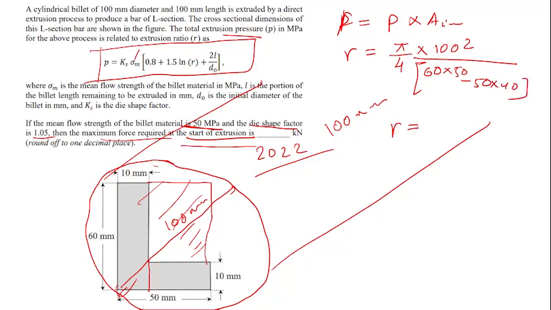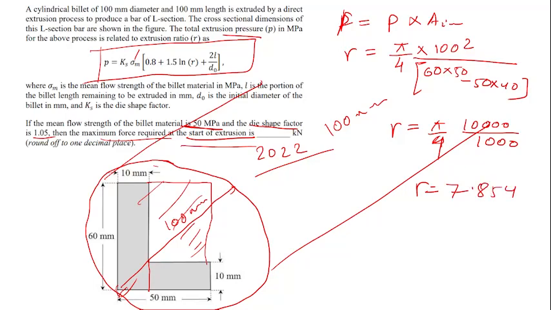So what is R? It will be pi by 4 divided by the final area. What is your R coming? 7.854.